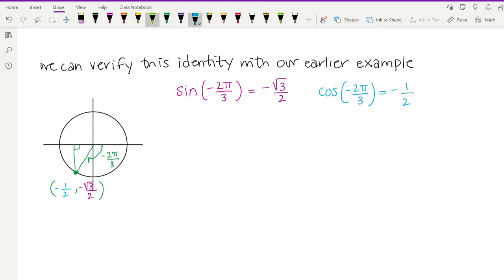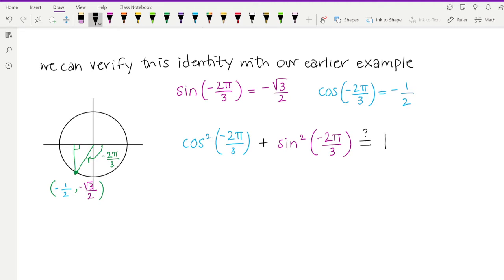If we plug these values in, we do cosine squared of negative 2 pi over 3, and sine squared of negative 2 pi over 3. We want to verify, is this actually equal to 1?